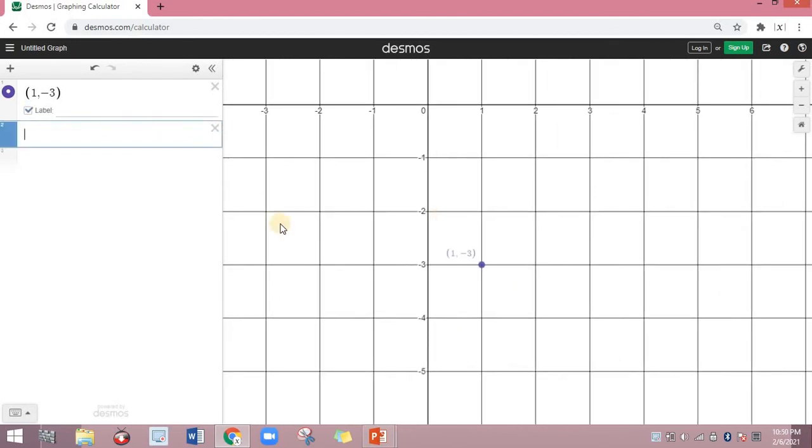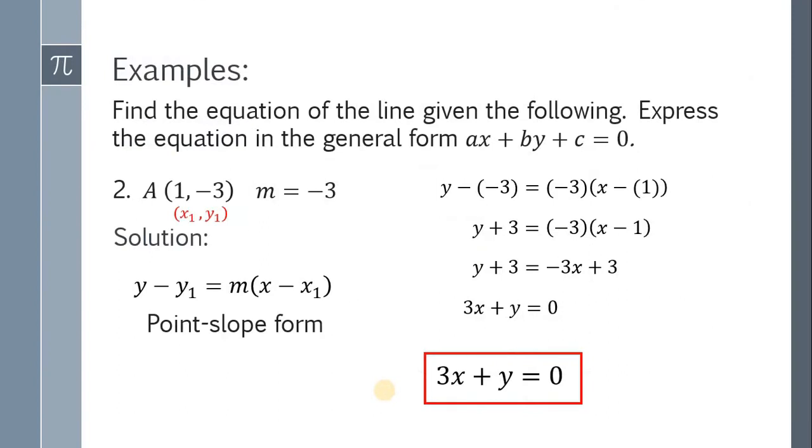Yung equation naman ng line natin is 3x plus y equals 0. And there you go. Kung papansin, ito yung given point natin, (1, -3), and dadaan dyan yung ating equation ng line. Okay? And therefore, our answer is correct. So, let's move on. Ganun yung pag-check ng ating answer.